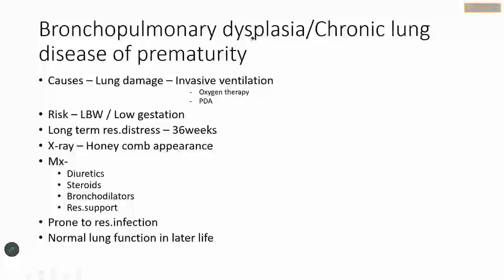The common reason is prematurity, and also invasive ventilation, when we intubate and ventilate, there is huge damage to the lung system. That can prevent the proper development of the lungs. That commonly occurs in prematurity.